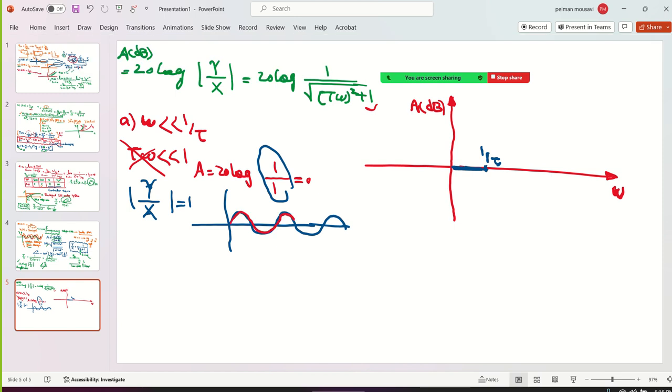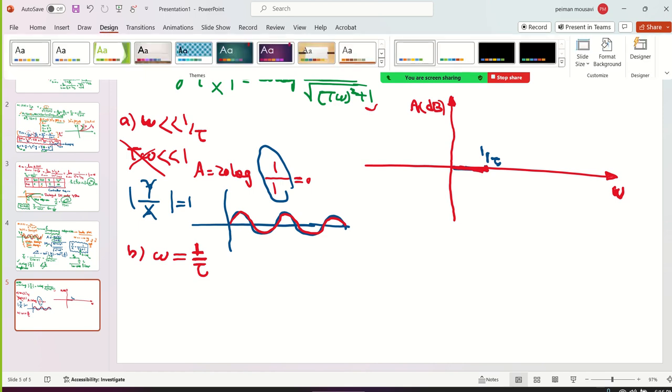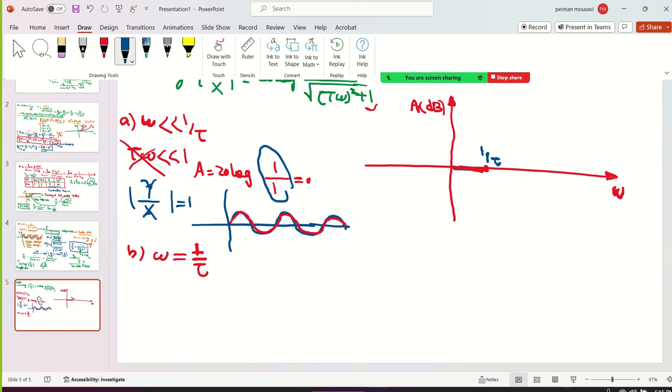Here we go. And we plot like this here, like that. Here we go, 1 over tau. B, if omega equals 1 over tau, at this point, okay? If that's the case, let's go back to elementary school.